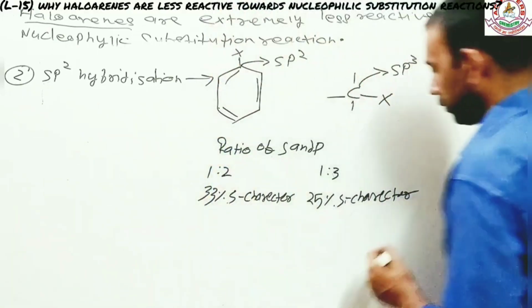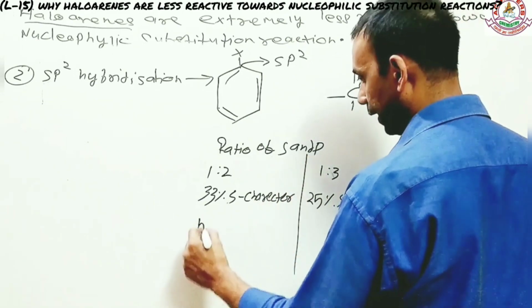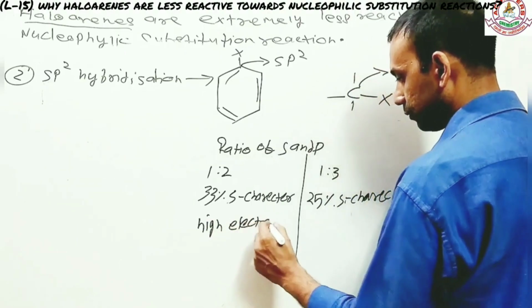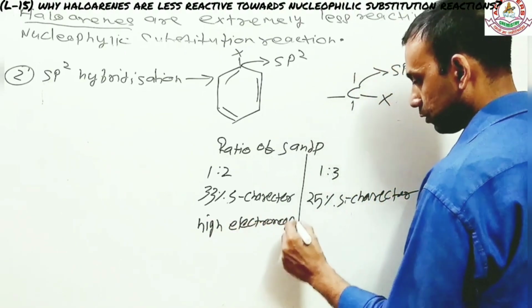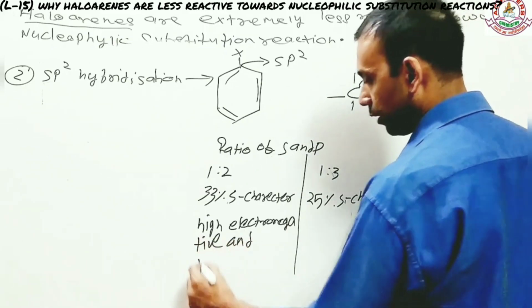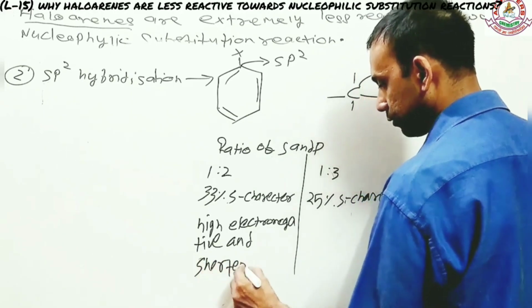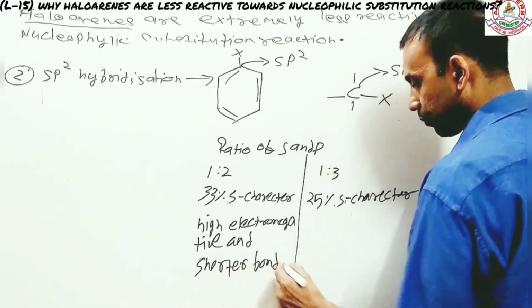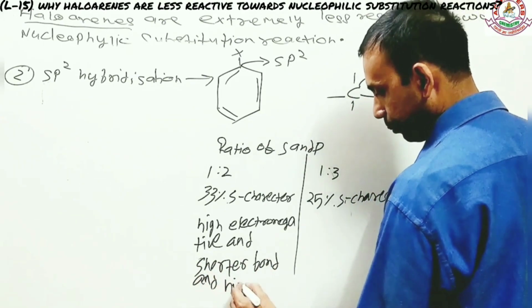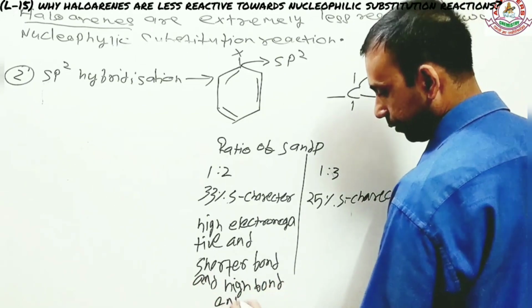So it has high electronegativity, and hence short bond length, shorter bond, and high bond enthalpy.